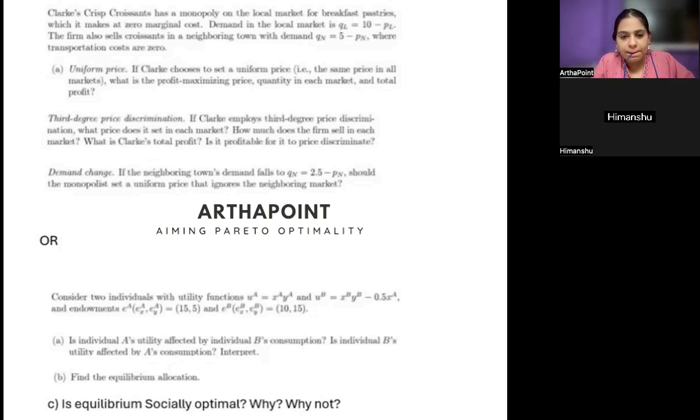So here we charge the entire consumer surplus for each market. Won't that be second degree, where you put in consumer surplus and make a two-part tariff? Yeah, I think I mixed up the definitions.